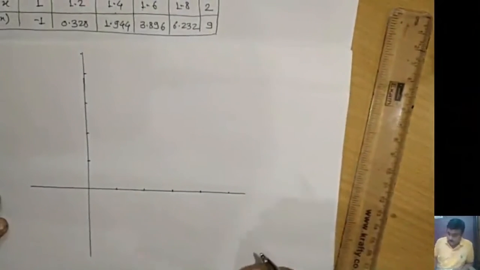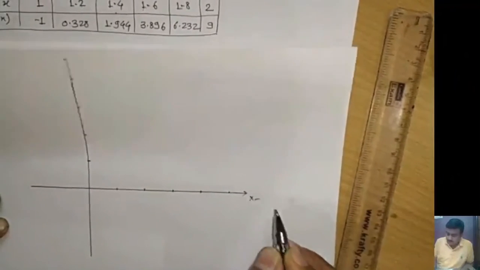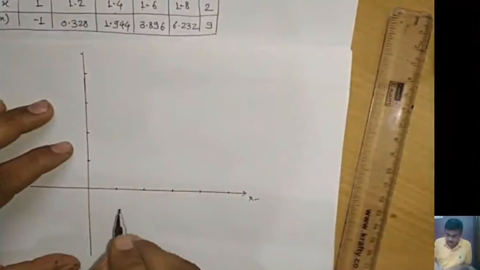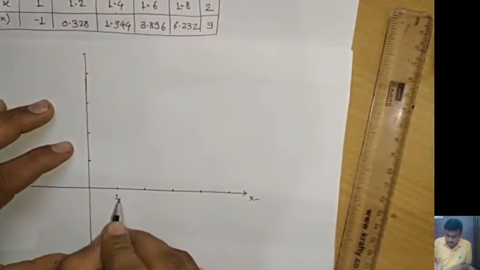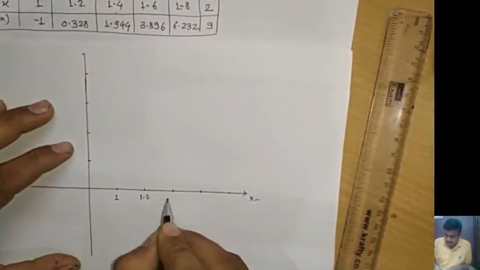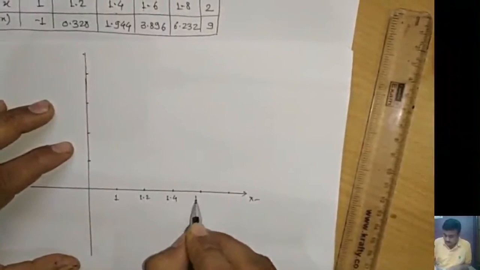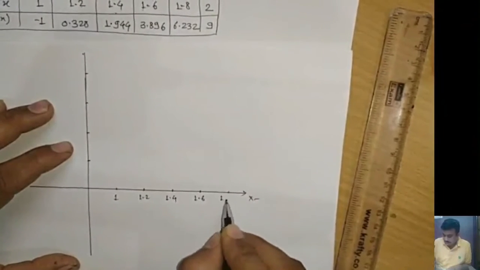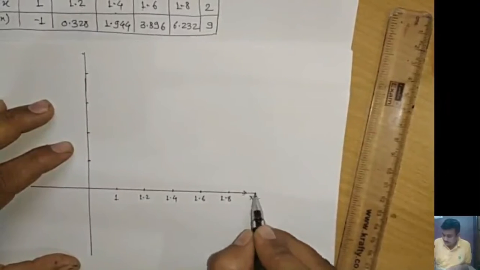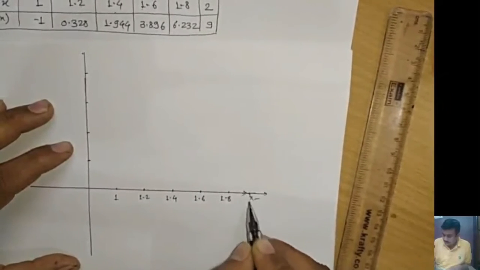Now we plot the values of x on the x-axis, that is 1, 1.2, 1.4, 1.6, 1.8 and 2.0.